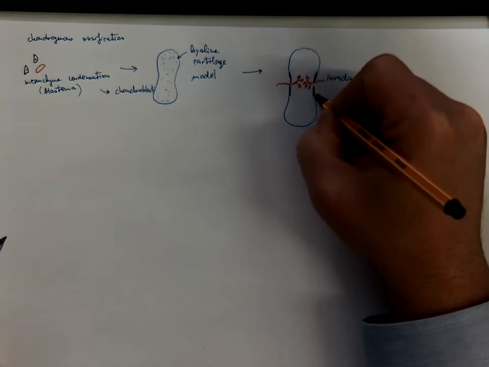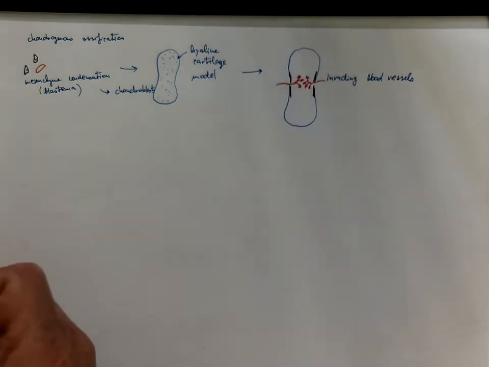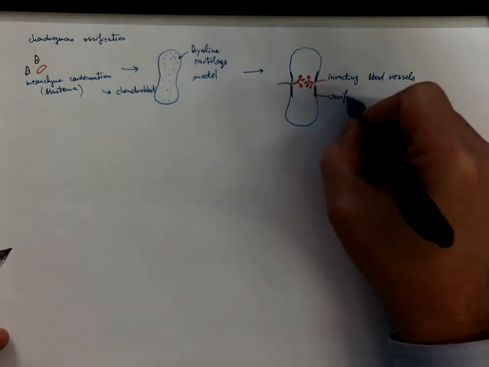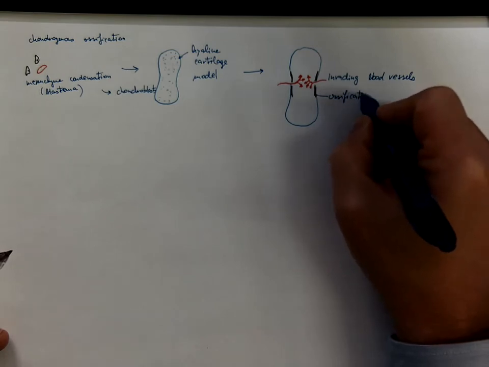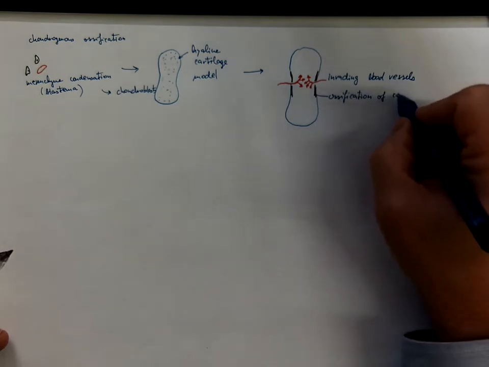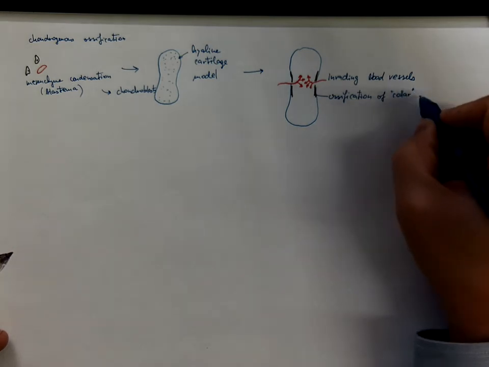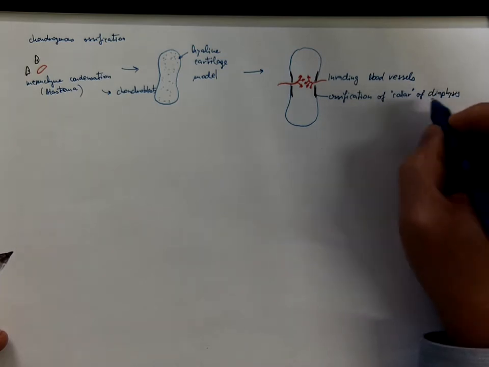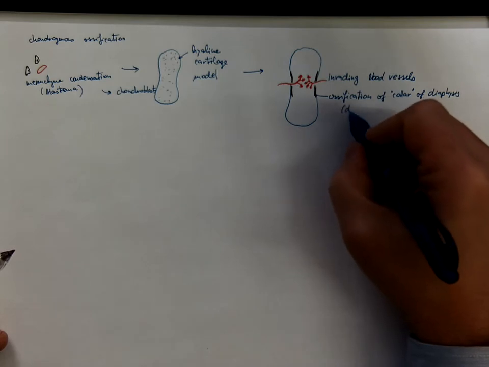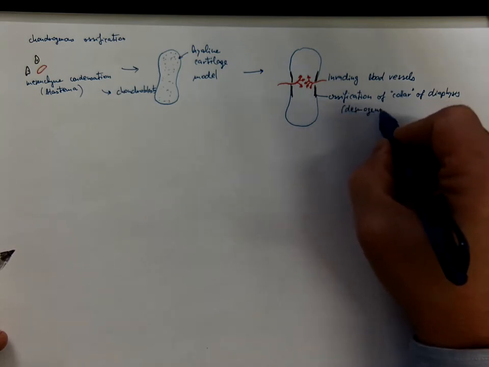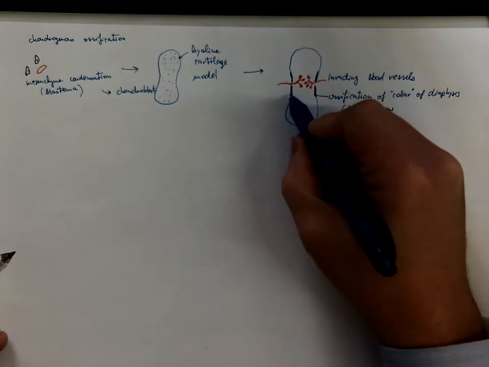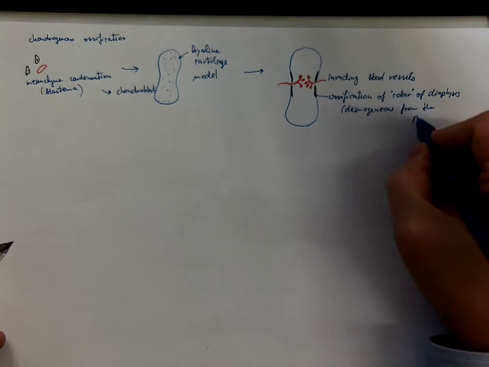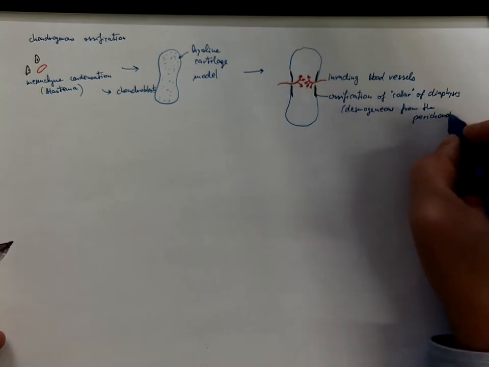It's called bone collar, and it's desmogeneous. Okay, so both patterns are combined here. This is desmogeneous, because it starts from the perichondrium of that cartilage. From the perichondrium.